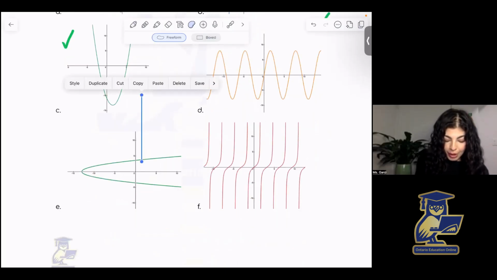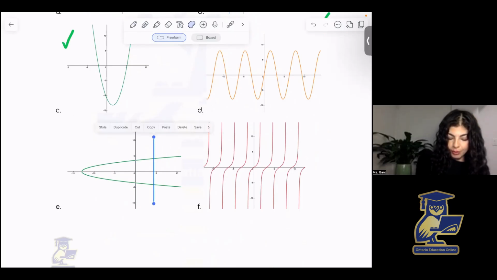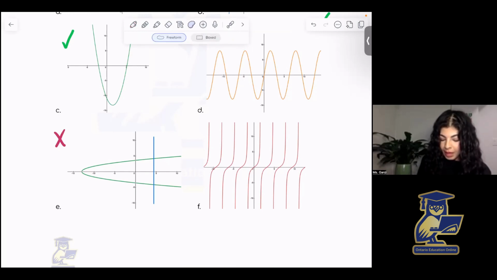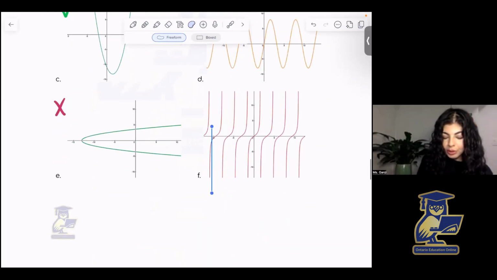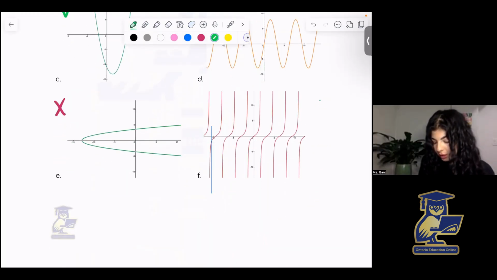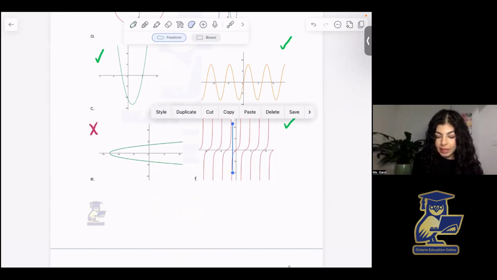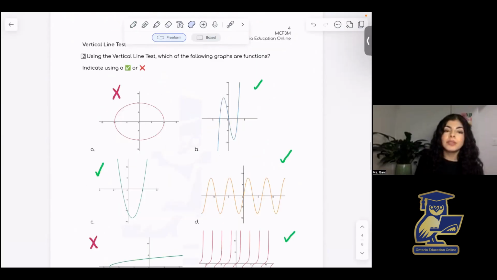That being said, though, this function here does not pass. So this one is not a function. And over here as well, similar to B, if you zoom in to the points, you will see that this is a function. At no point on the vertical line test will we have 2 points on our vertical line. And that is our lesson for today.